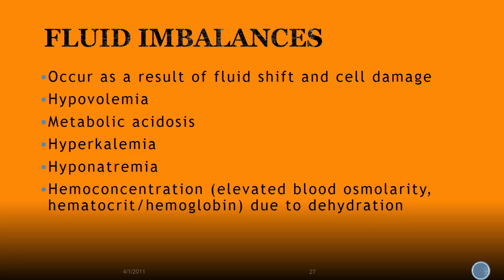Just some notations near the end of this presentation on fluid imbalances. Due to the fluid shift and the cell damage, low volume or hypovolemia can lead to metabolic acidosis, elevated potassium, low sodium, and the hemoconcentration that I mentioned due to the dehydration.